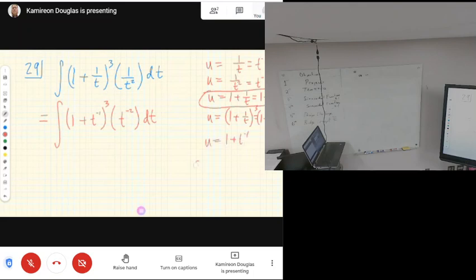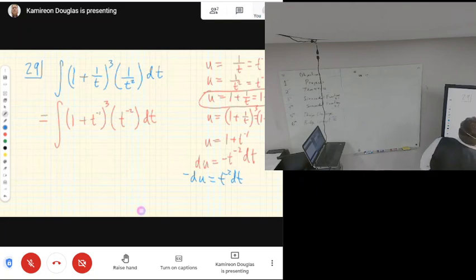I take the derivative, getting my du, which is negative t to the negative second power dt. From here, I can divide the negative over, getting negative du equals t to the negative second dt. So, I replace this t to the negative second dt with negative du.